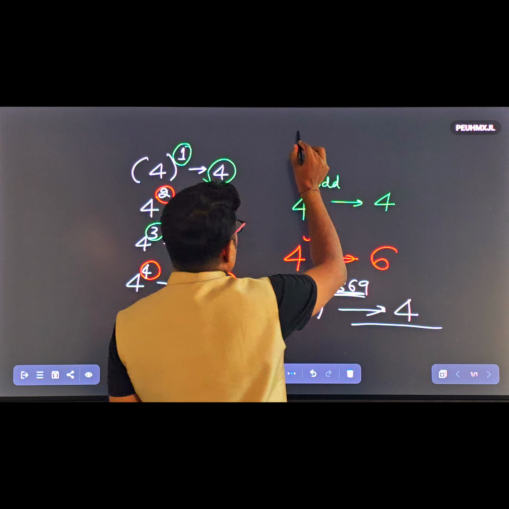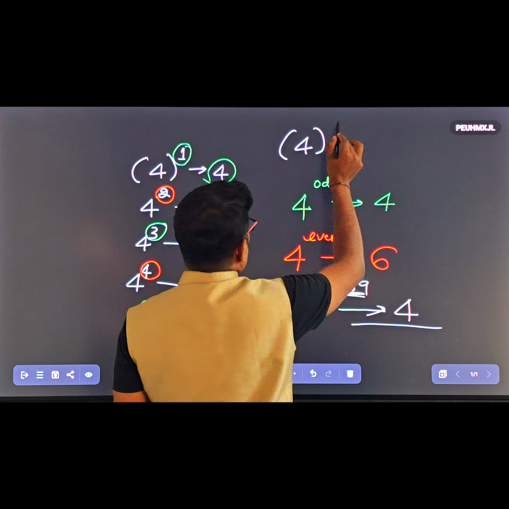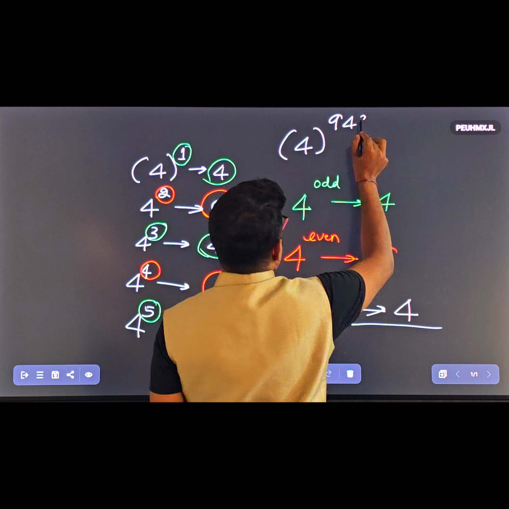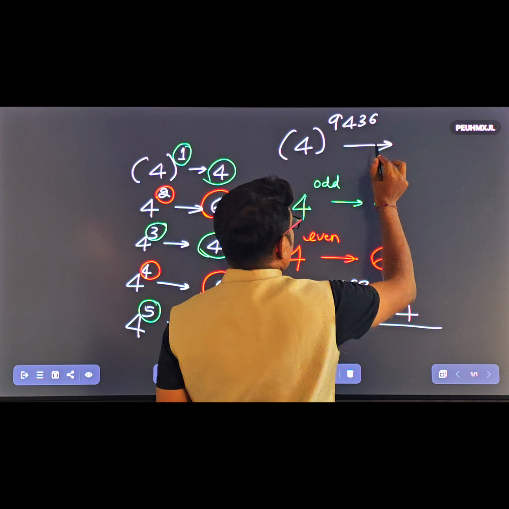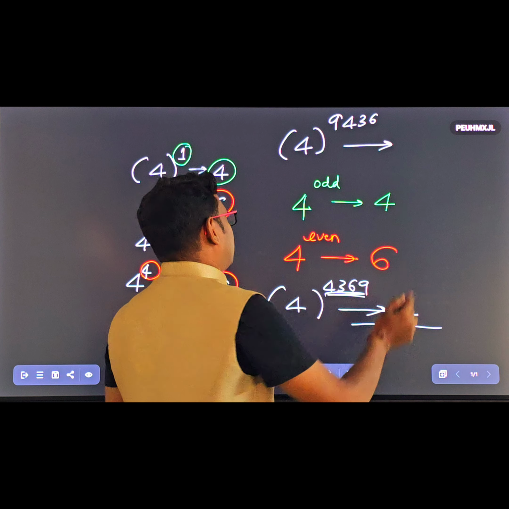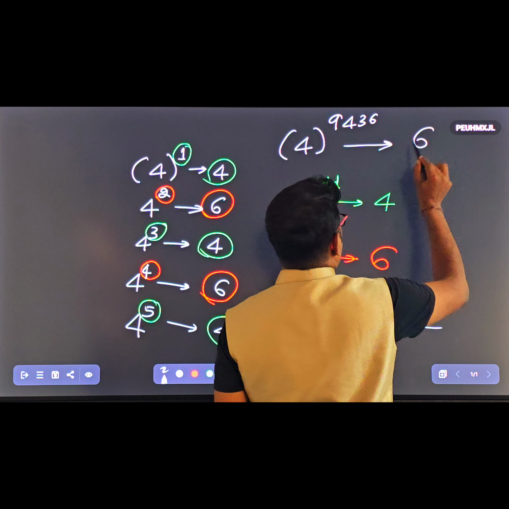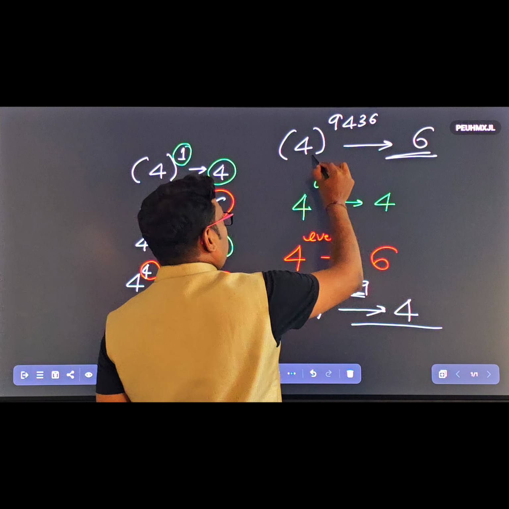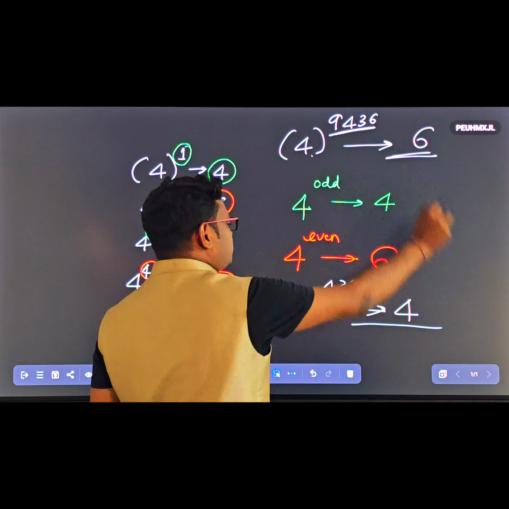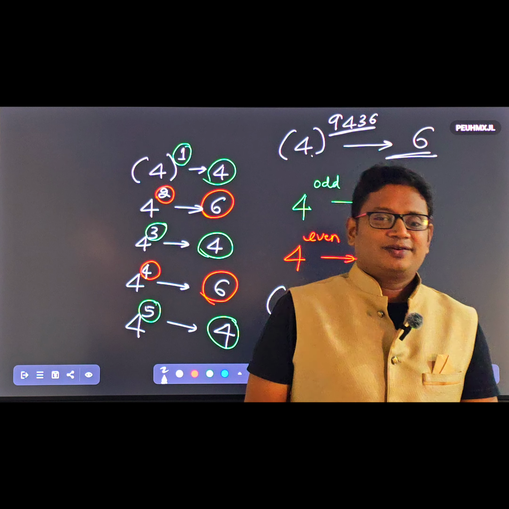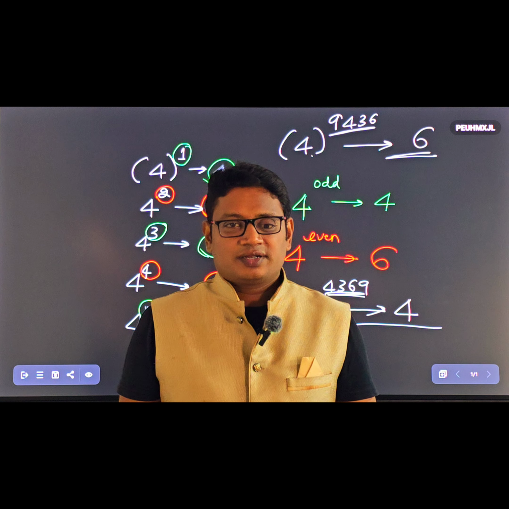Suppose if they give one more question like 4 to the power of 9436, what is it? The even number. Without touching pen and paper, I can say the unit digit is 6. Why? Because 4 power even number is 6 always. Hope you have understood.